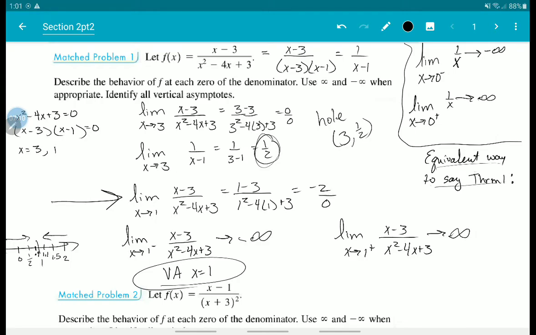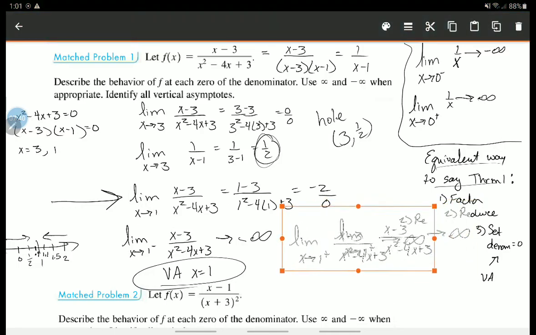And this is what we told you back in 171, is that you could factor, and then you could reduce, and that gets rid of anything that would give you a 0 in the top and a 0 in the bottom, which is where your holes are. And then you could set the denominator equal to 0, and that's going to always be your vertical asymptotes. So that's an equivalent statement to what we just talked about in Theorem 1.